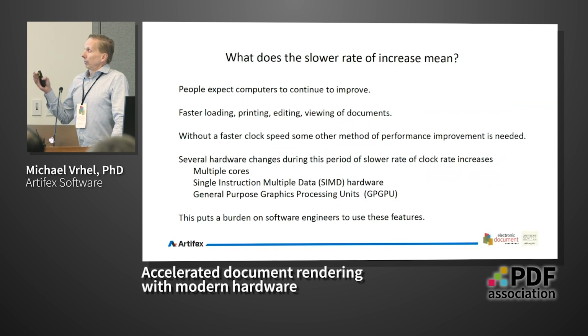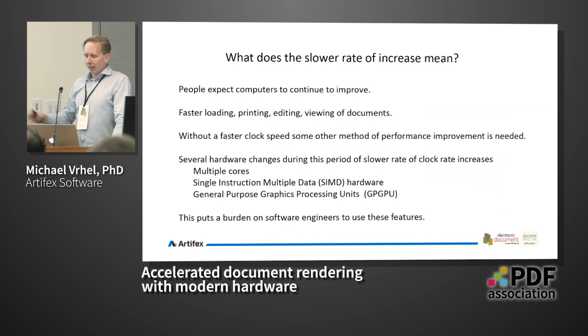Now the problem is that software engineers have a lot of work to do, because they've got to figure out how to take advantage of all of these things, implement these as parallel programming problems, find the problems, and get them to work on this hardware.